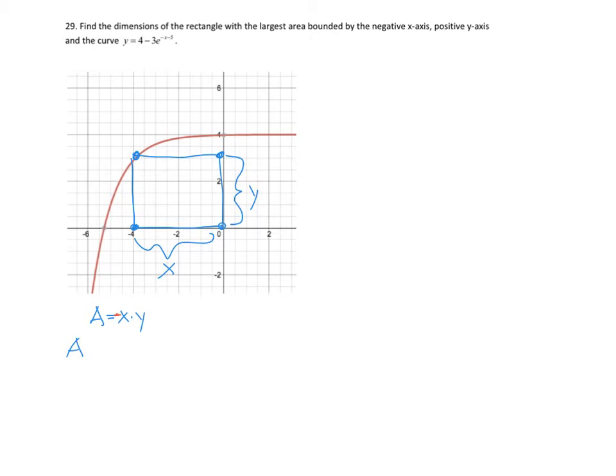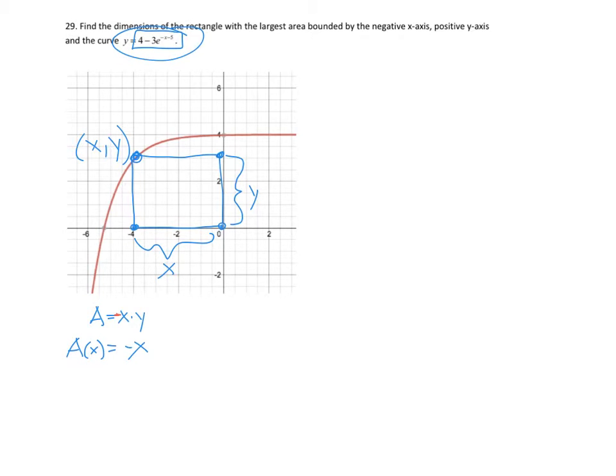The other thing I want to do is write this formula in terms of x. So I'm going to keep a negative sign in front of the x to counteract the fact that the x values are negative. But then I need to replace y with an expression for y in terms of x. Since this point is some xy pair on the graph of y equals 4 minus 3e to the negative x minus 5, I can replace y with the expression 4 minus 3e to the negative x minus 5.